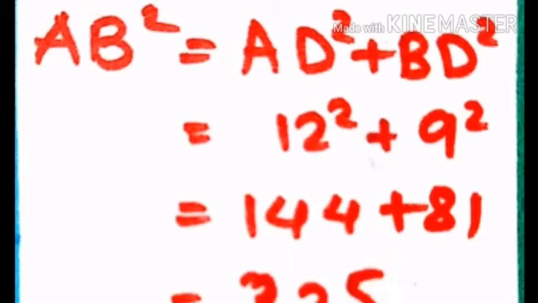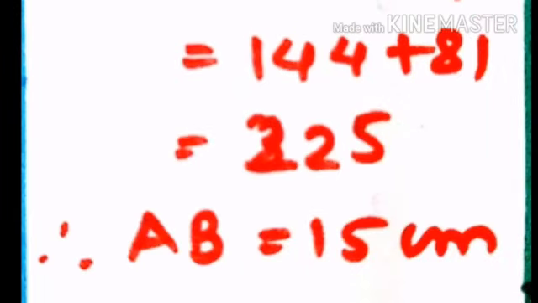So taking square root on both sides, we get AB as 15 centimeters. So students, we found the value of AC, the value of AB, and BC we have already found as 9 plus 16, that is 25 centimeter.